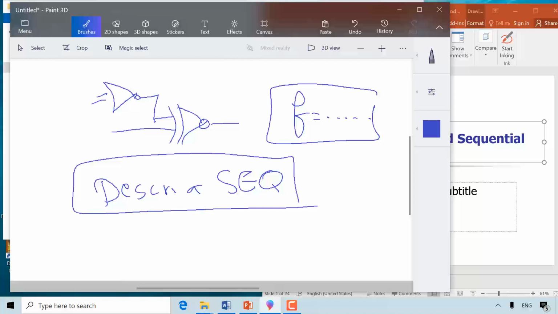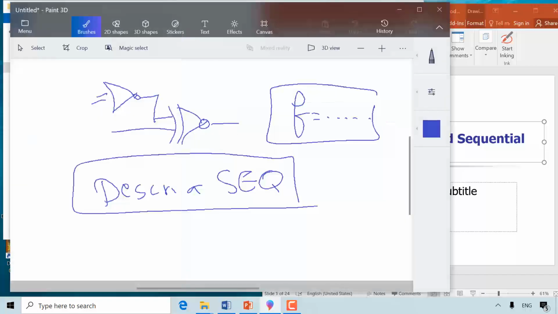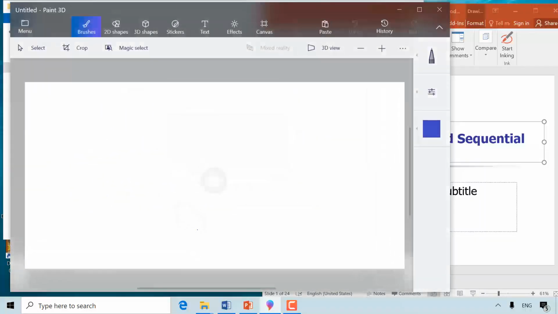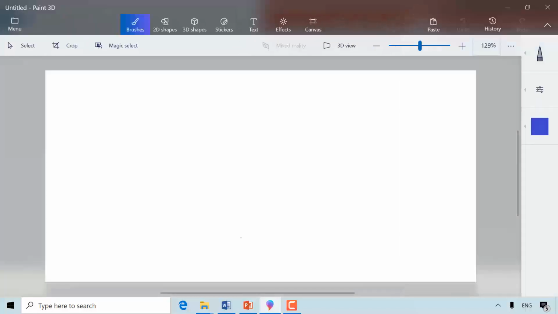Well, because the sequential circuit has the specific case of including sequential elements or memory elements, we need to invent a new way of describing the sequential circuit as opposed to the combinational circuit. In the sequential circuit, we have the combinational block, as we indicated in the last lecture.